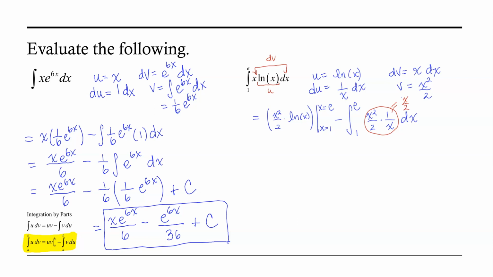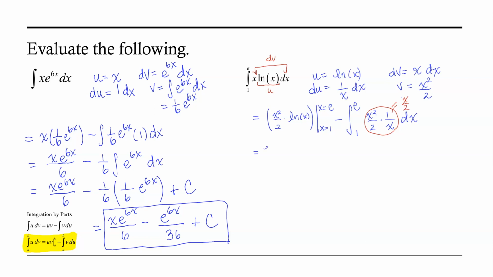All right, so in this first term, we're going to substitute e for x. So we've got x squared over 2 times ln of x. We're substituting in e and then subtracting what we get when we substitute in 1.